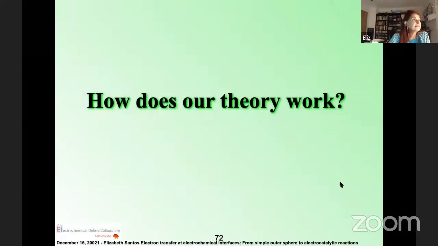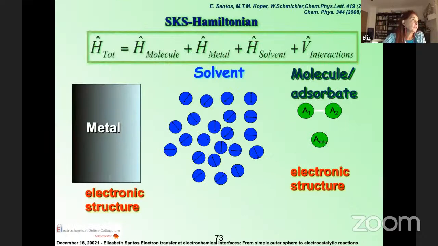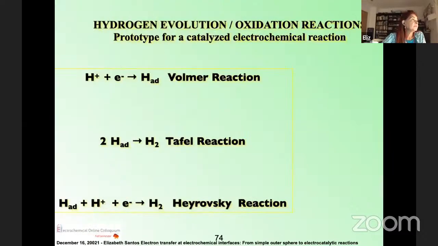Okay. Then I shall now give some details on how we make this sort of calculation for electrocatalysis. We have this Hamiltonian with the components of the different parts of the system, and then for example, this typical reaction, hydrogen evolution, oxidation reaction. This is the prototype of electrocatalysis reaction.